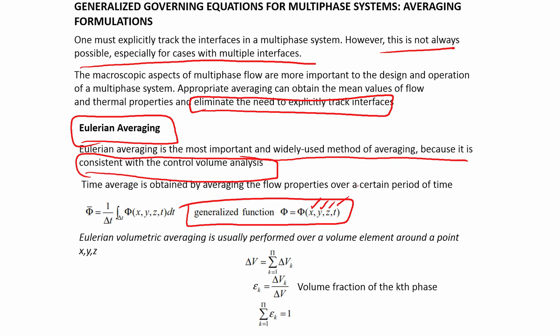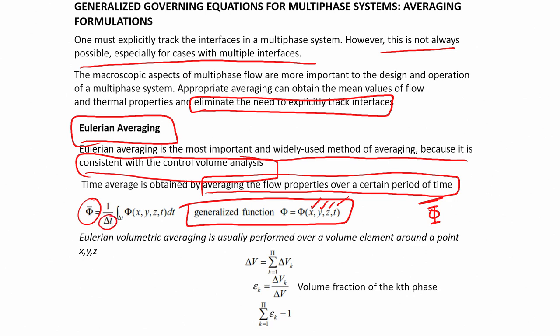So, the time average is obtained by averaging the flow properties over a certain period of time, right. When we talk about the average, that phi bar is basically averaged over a particular time slot, this delta t.